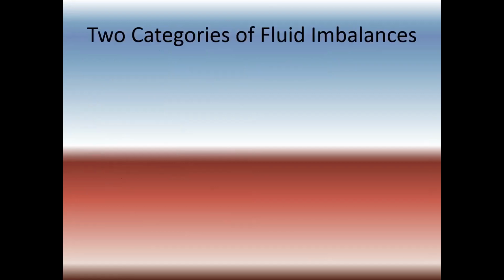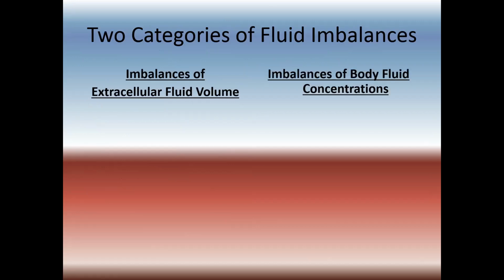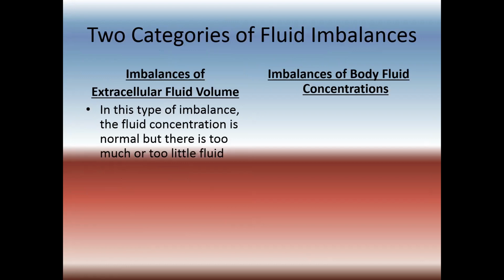So there's two categories of fluid imbalances. There's imbalances of extracellular fluid volume and imbalances of body water concentrations. So in the imbalance of extracellular fluid volume, in other words, an isotonic fluid imbalance, the fluid concentration is normal, but there's just too much or too little fluid.